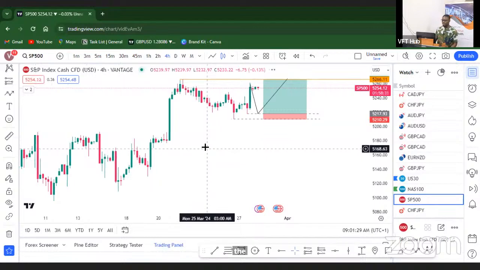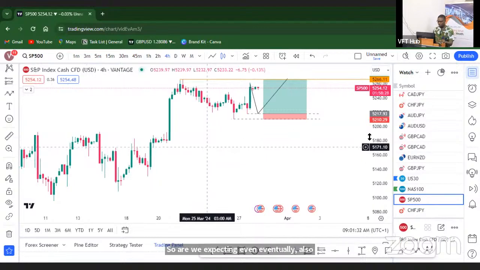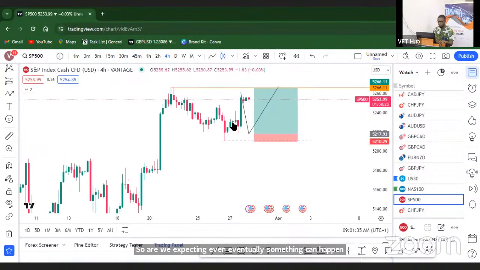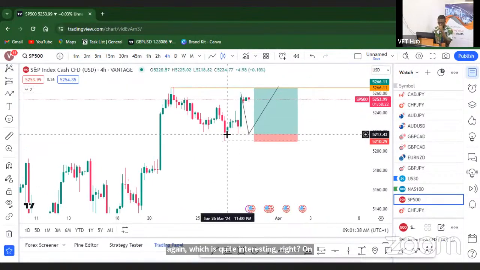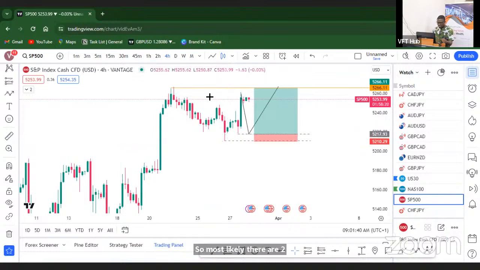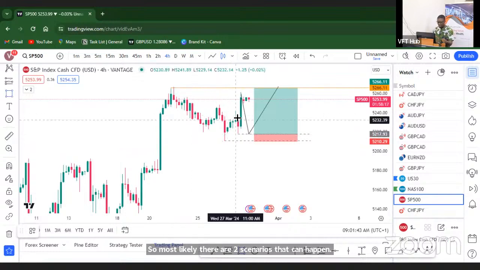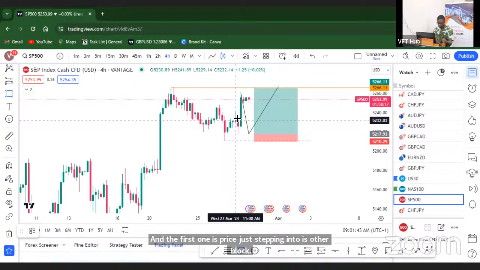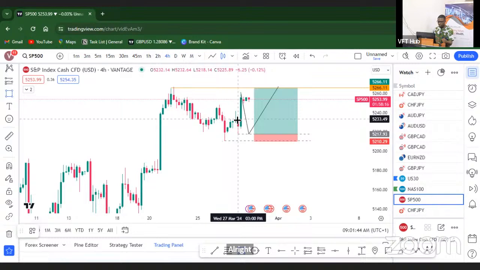So, something can happen again, which is quite interesting, right? On this H4, we see an order block here. So most likely there are two scenarios that can happen. The first one is price just tapping into this order block and then starts to move to the upside.